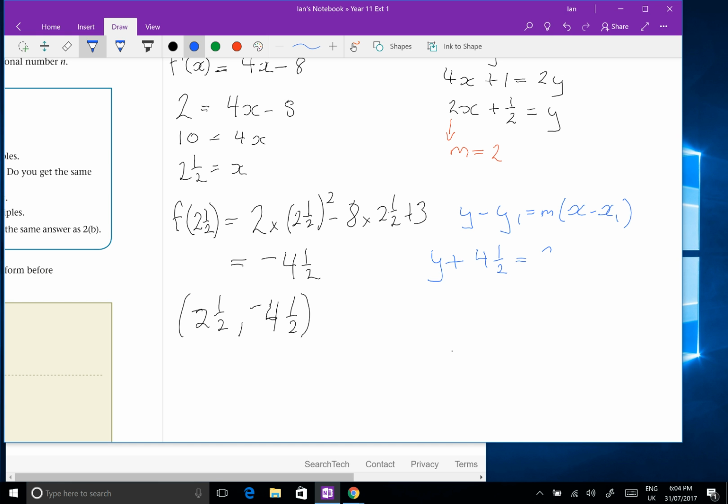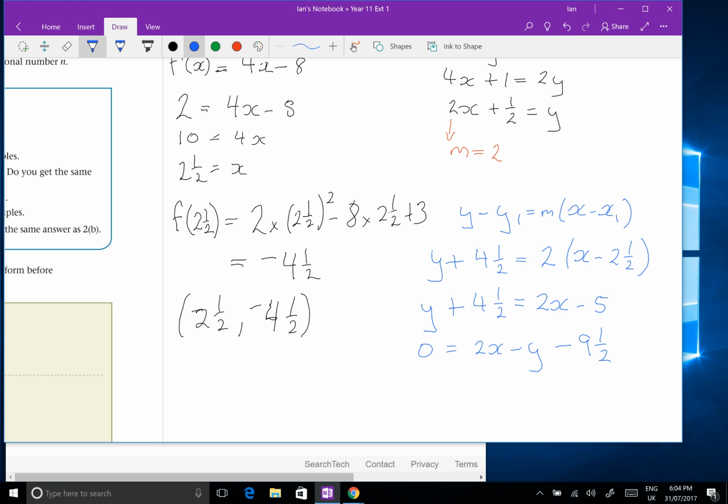Equals 2 outside of x minus 2.5. So that'll give me y plus 4.5 equals 2x minus 5. Bring everything over and I get 0 equals 2x minus y minus 9.5.